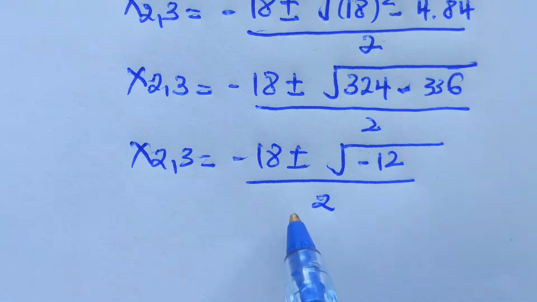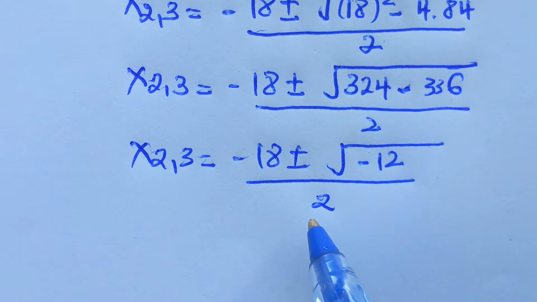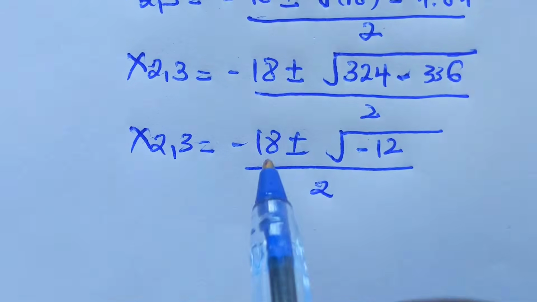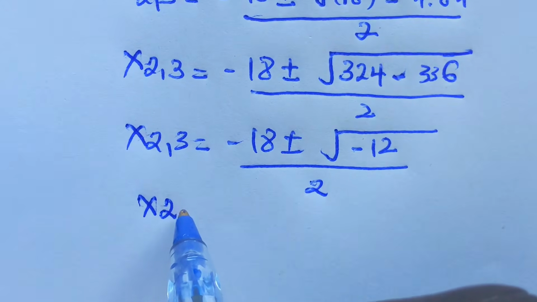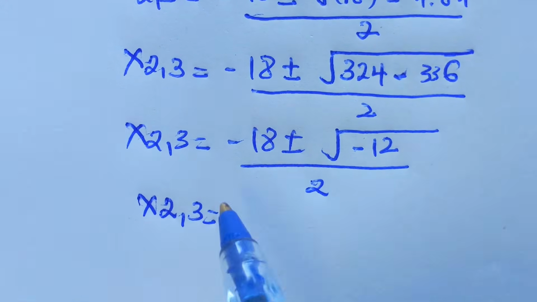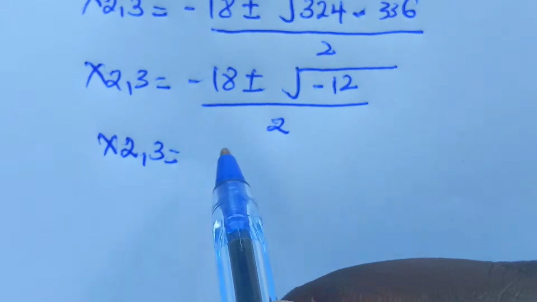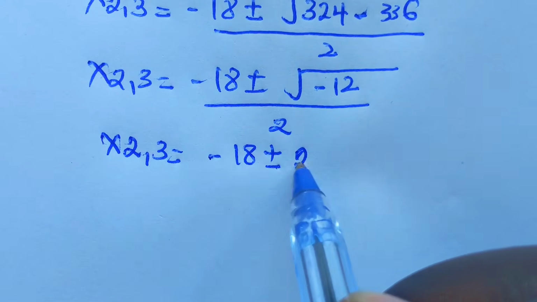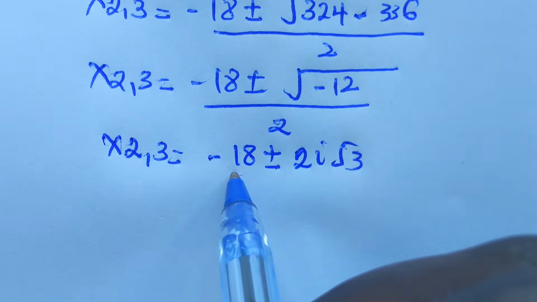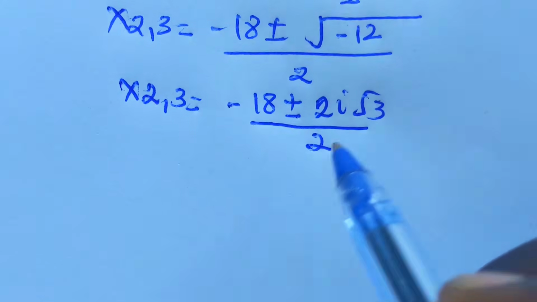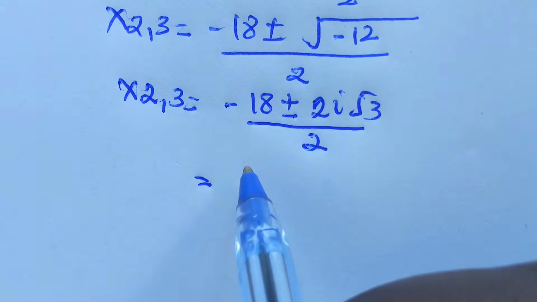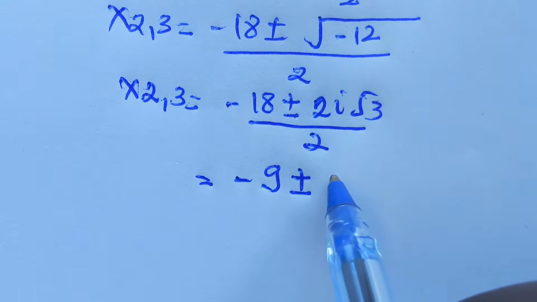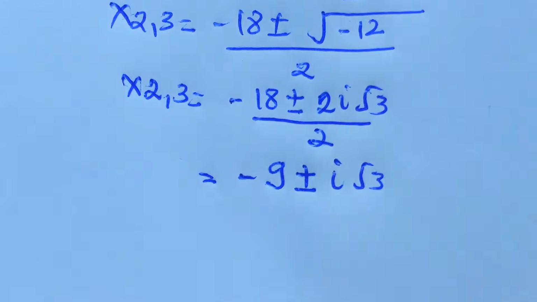So x2 and x3 equal negative 18 plus or minus 2i square root of 3, over 2, which is negative 9 plus or minus i square root of 3.